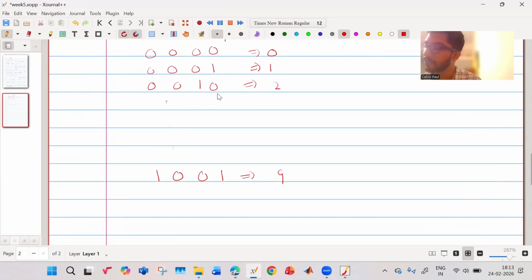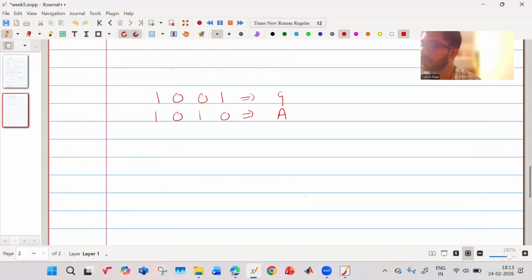But then now you go to 1010, 10. How do you represent 10? For that, they write it as A. A represents 10. Similarly, when you further go, you do 1011. This is B, which is 11. Then you have 1100, that is your C, which is your 12.